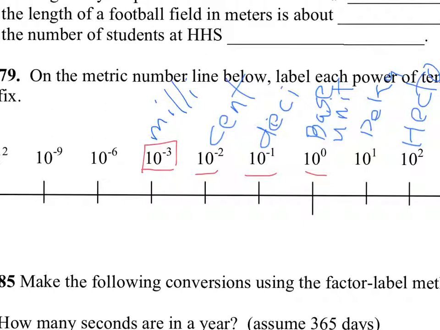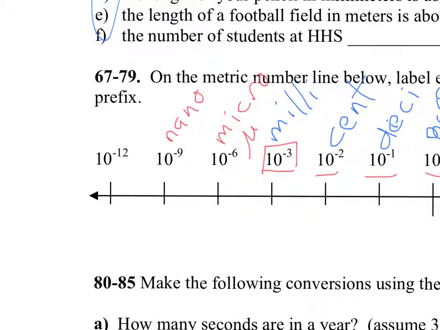And 1/1000th of a millimeter is a micrometer. That's abbreviated with the small little thing that looks like a U, the little Greek letter. Then after that, we have nano. And as we go on down 1,000 below that, we have pico.